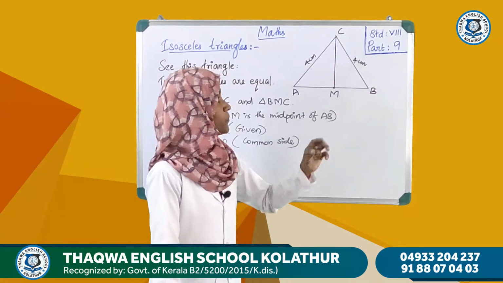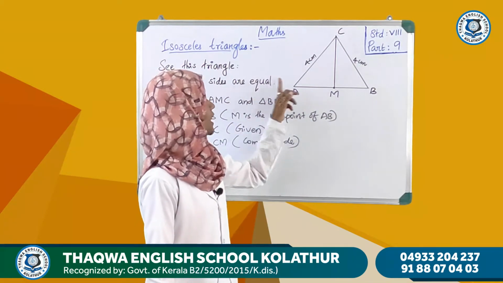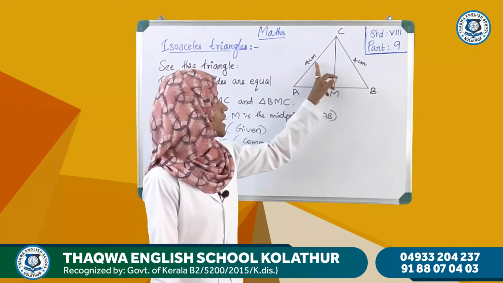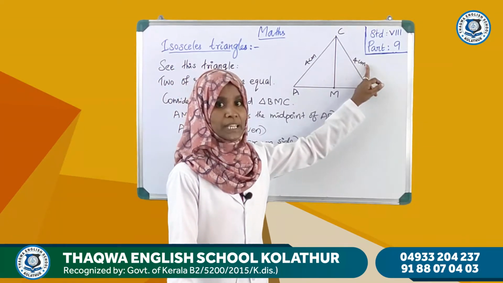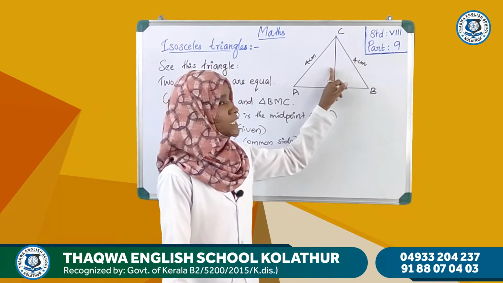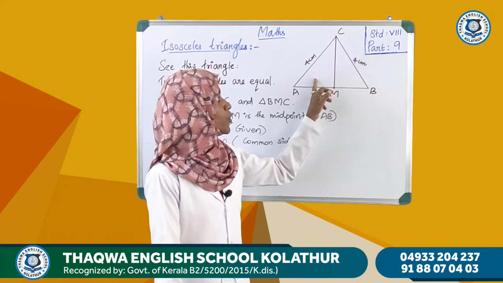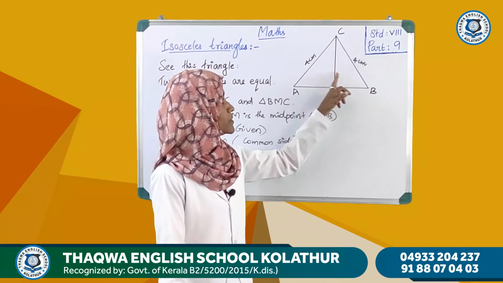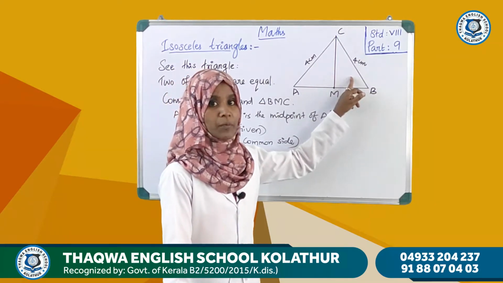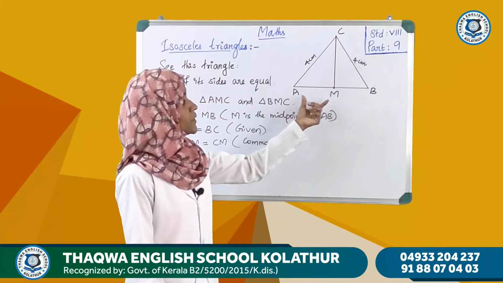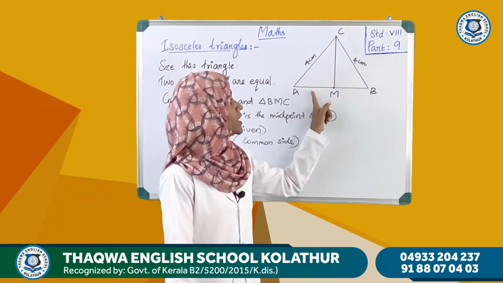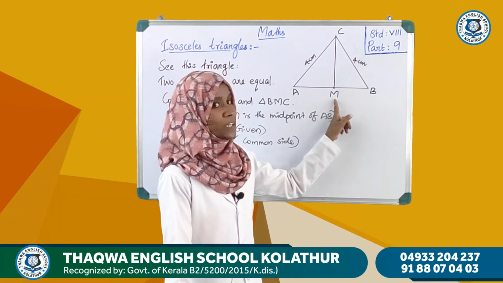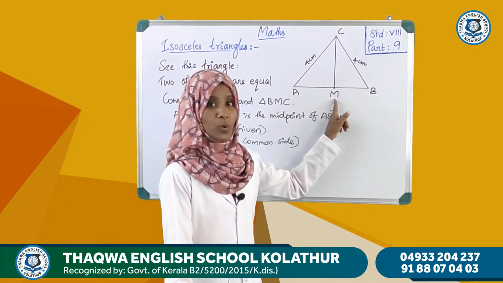You have given two sides are equal, that is the sides AC and BC are equal. Next, CM is the common side of both the triangles, triangle AMC and triangle BMC. Thus we can say that the three sides of triangle AMC and triangle BMC are equal.